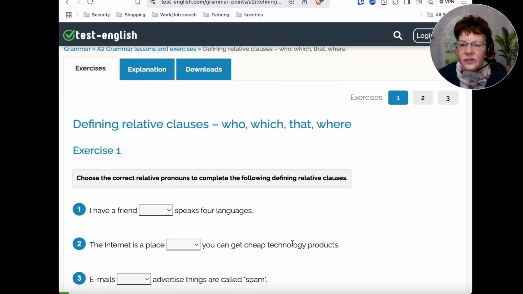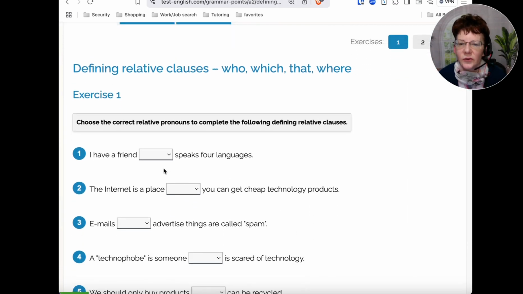Okay, so exercise one, we'll choose from the drop-down menu the correct pronoun here. All right, so I have a friend speaks 4 languages. So that, he, who, or which. So if you chose who, the middle one, that would be correct.